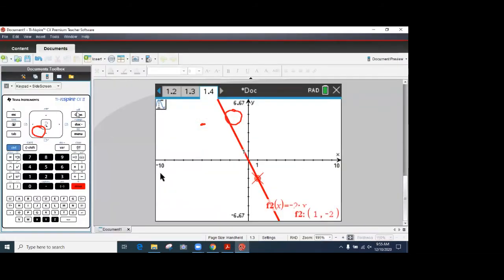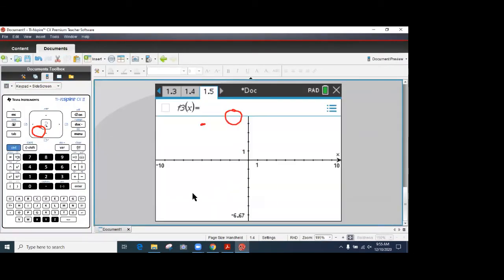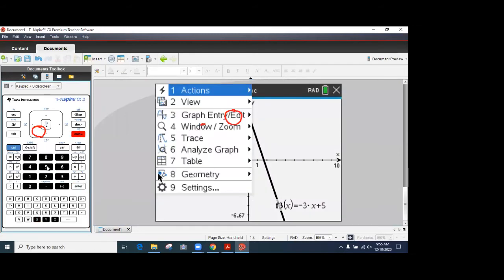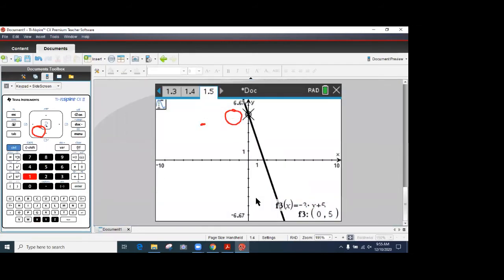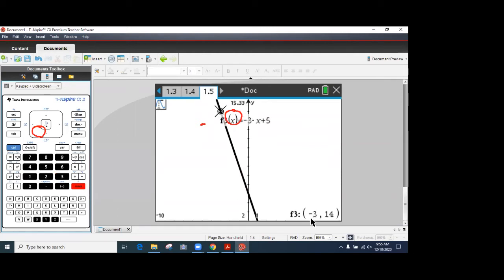So we're going to go to graphs again because it's y equals. We are typing in -3x plus 5. Hit enter. Menu 5-1. So we need the point to appear. So menu 5-1. And then we're typing in, it was -3 was that random number. So -3. Hit enter. And what's the answer here? 14.